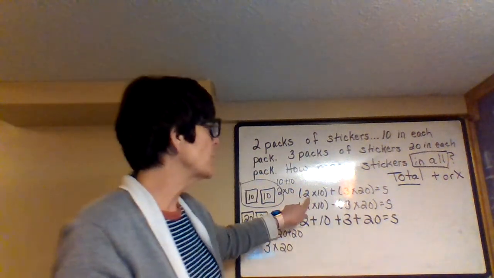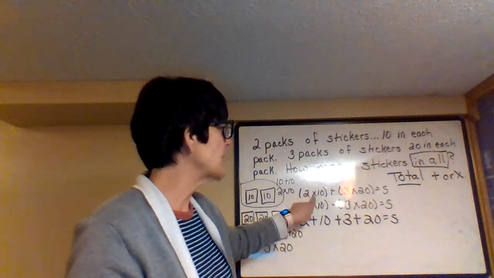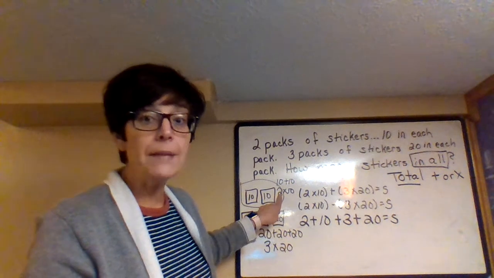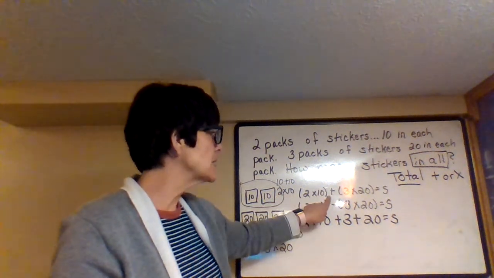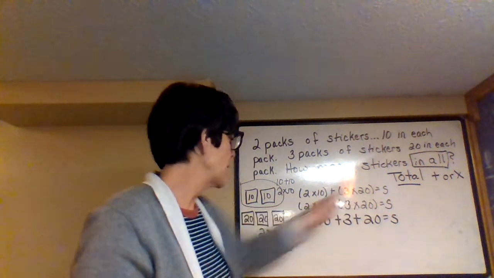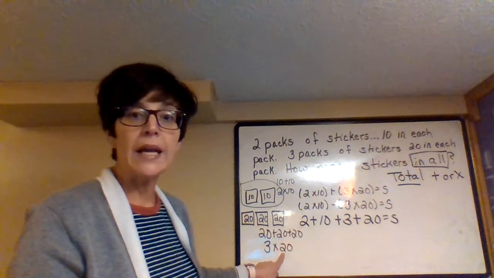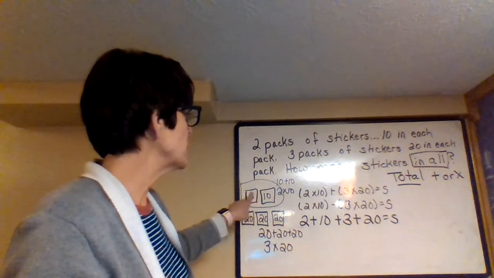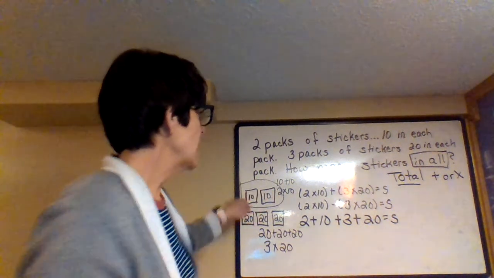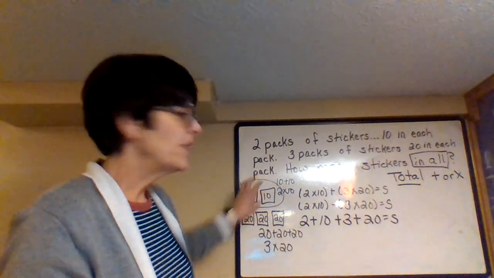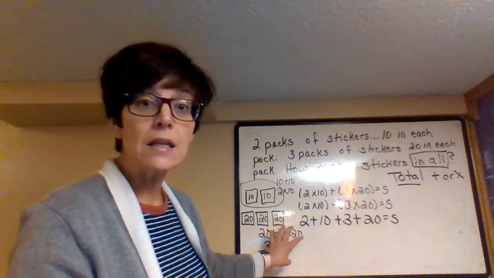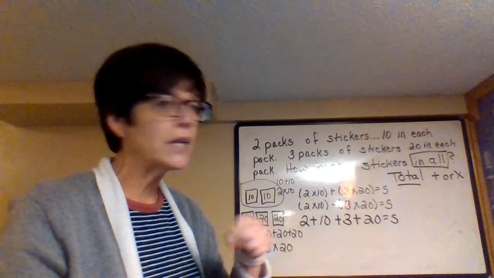So in the first one, I have 2 times 20 plus 3 times 20. Would that give me the answer? If I multiplied 2 times 20 and found out how many stickers were here, then multiplied 3 times 20 and found out how many stickers were here, would that make sense? Seems like it, but let's check my other answers.